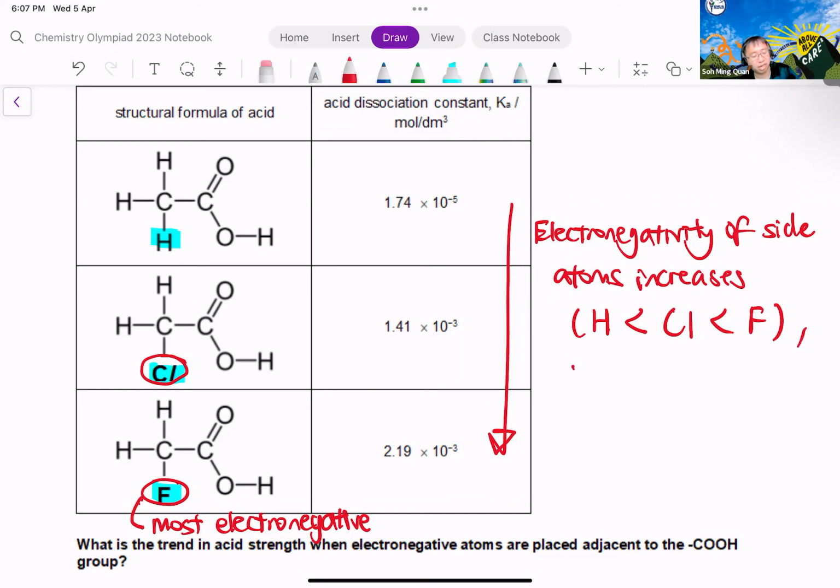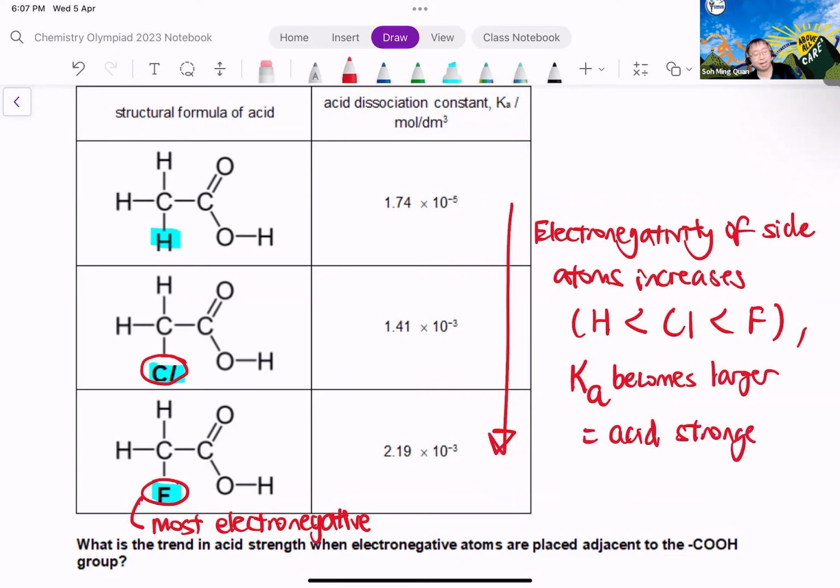What do you see about Ka though? Okay, let's ask Sydney. What do you notice about Ka as you go from H to Cl to F? Does it become bigger or smaller? Bigger. So Sydney, that means the acid becomes stronger.